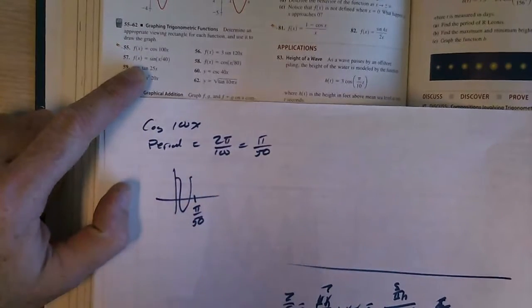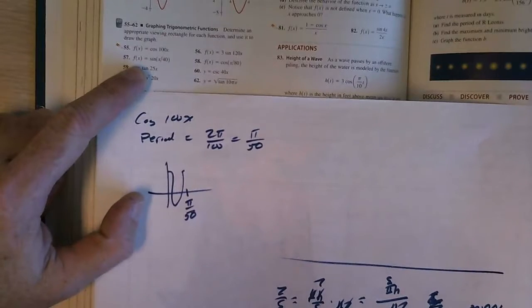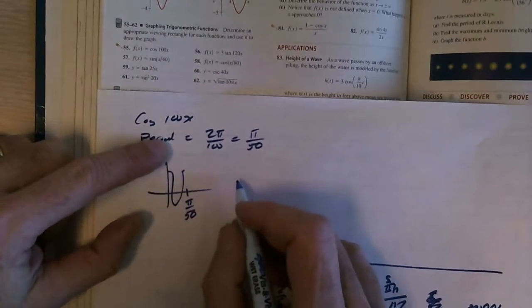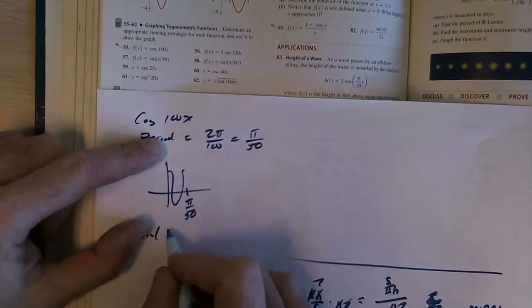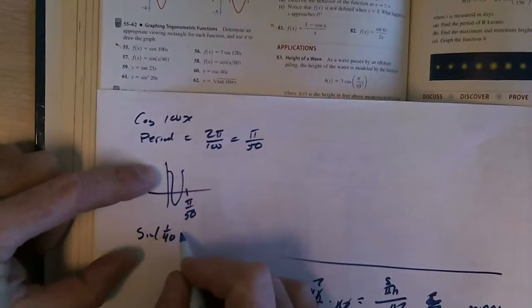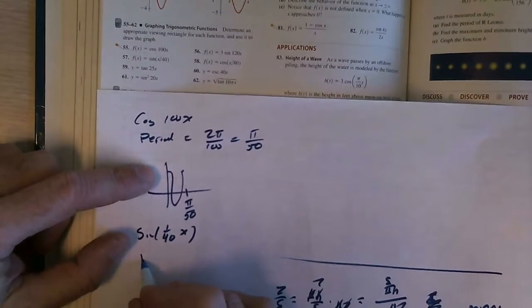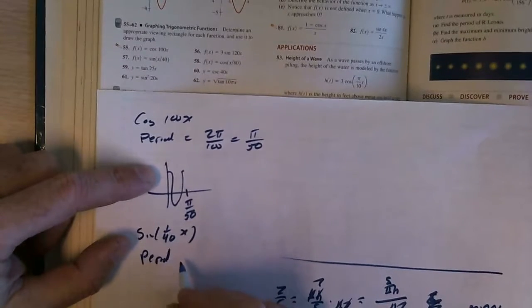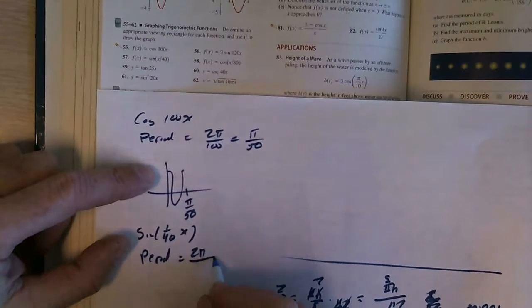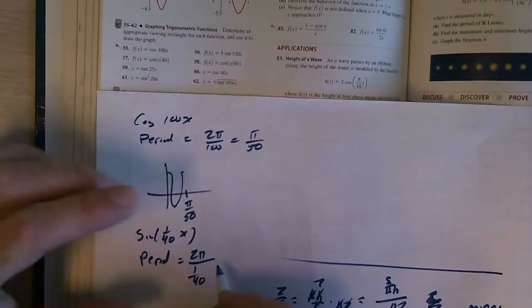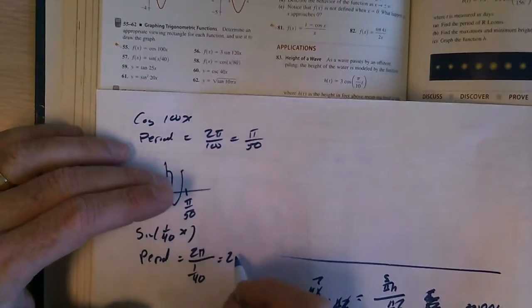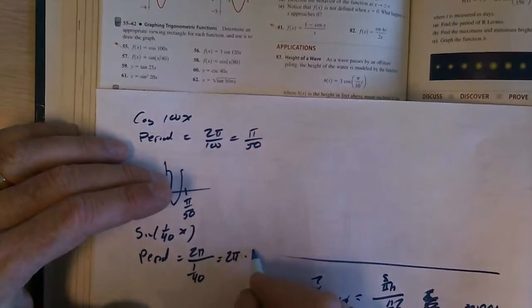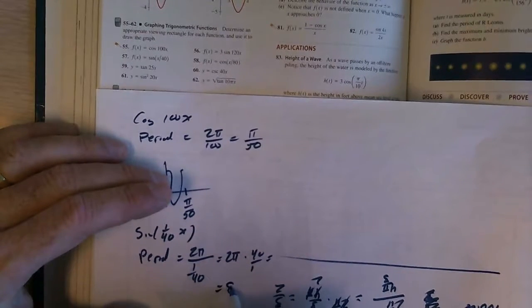Likewise, in 57, we've got the sine of x over 40. So sine of x over 40 is the same as sine of 1 over 40 times x. So the period is going to be 2 pi divided by 1 over 40, but when you divide by 1 over 40, you're multiplying by 40 over 1, which is 80 pi.